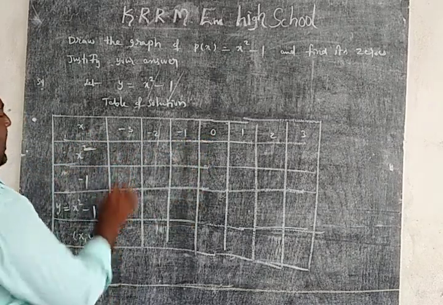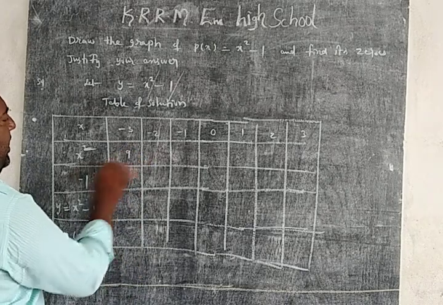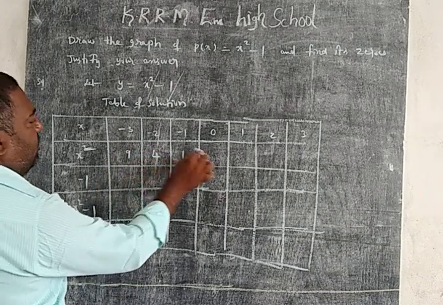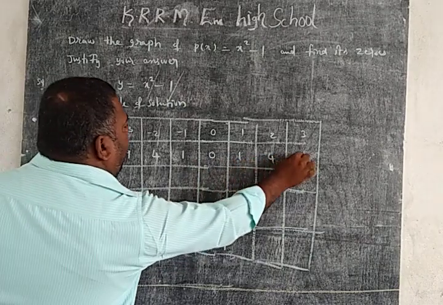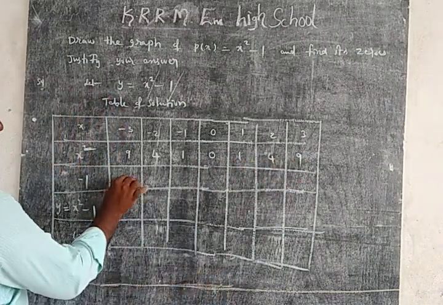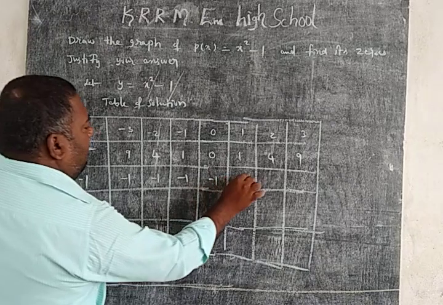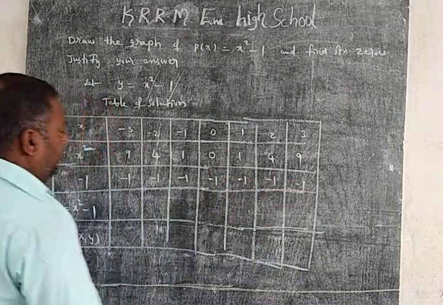Then the x square values become minus 3 square 9, minus 2 square 4, minus 1 square 1, 0, 1, 4, 9. Here minus 1 is constant, so we take all columns as minus 1.